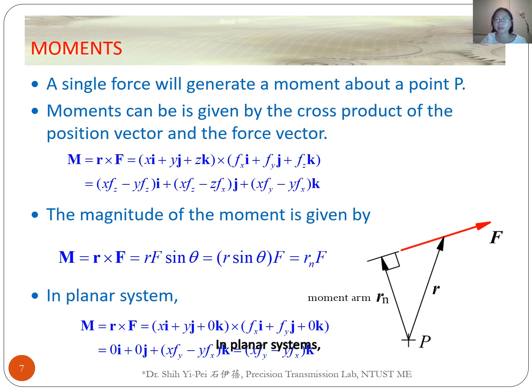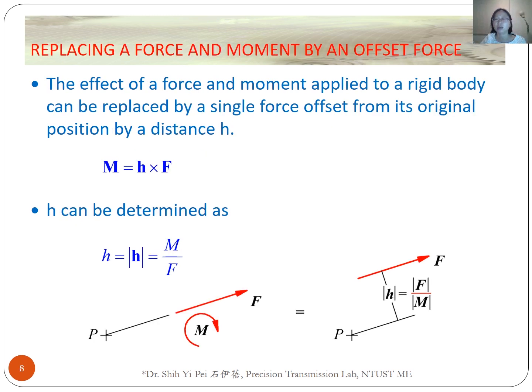In parallel systems, the first two terms of the moment equal 0. The moment is in this direction, and its magnitude is the sum of x times Fy minus y times Fx. We can replace a force and moment by an offset force.